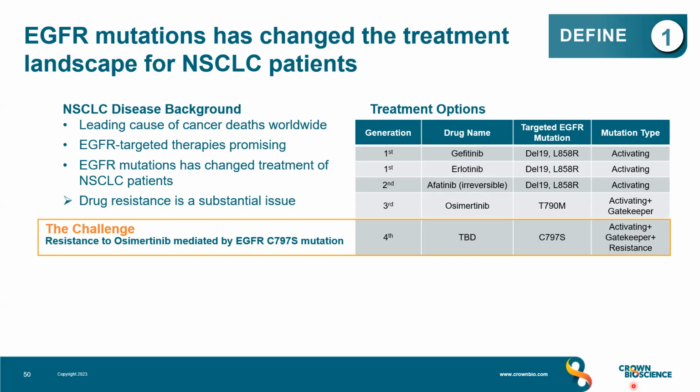Recently, obviously, there's been resistance that has emerged to osimertinib, and this has been reported to be mediated through further mutations, such as the C797S mutation. So there really is a need for relevant preclinical models to identify new strategies or combinations to overcome this third generation EGFR inhibitor resistance.